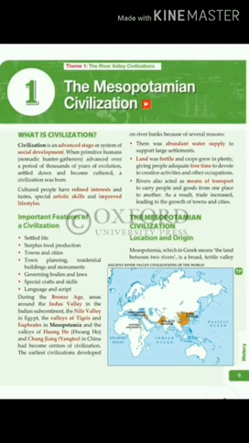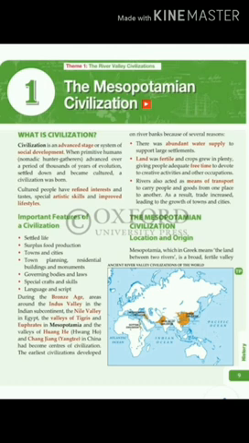Before we start, we need to know what is civilization. Civilization is nothing but an advanced stage of social and cultural development, or the process of reaching this state.